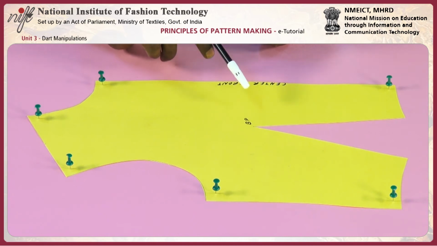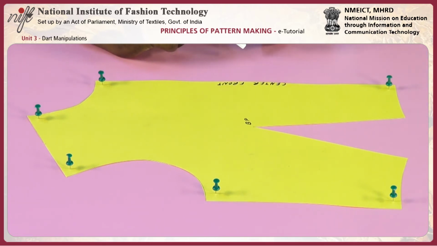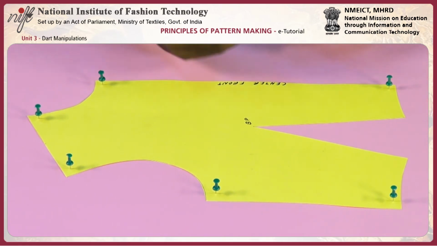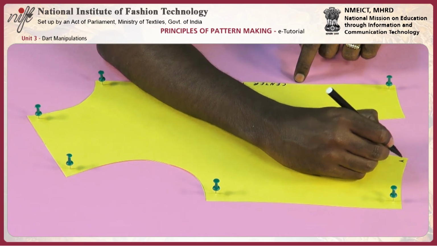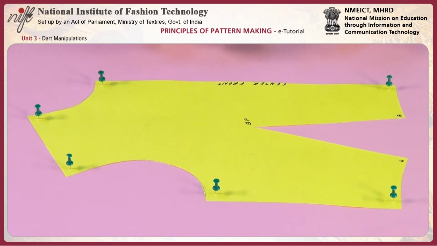Now to make the French dot, use waist dot sloper. Only one dot is there. Mark A and B of the waist dot legs and decide your French dot position.